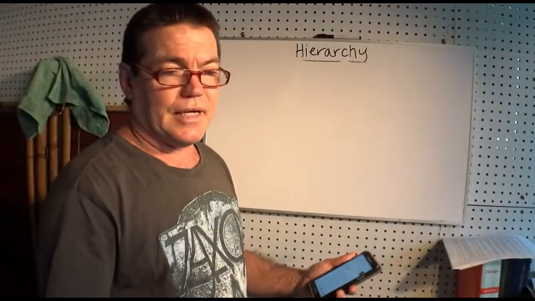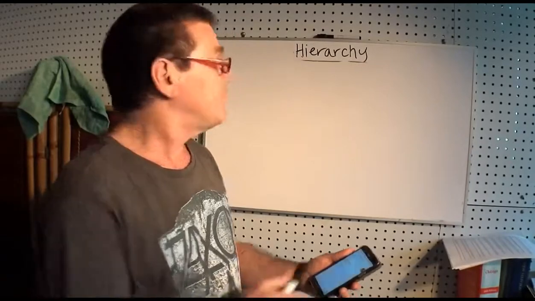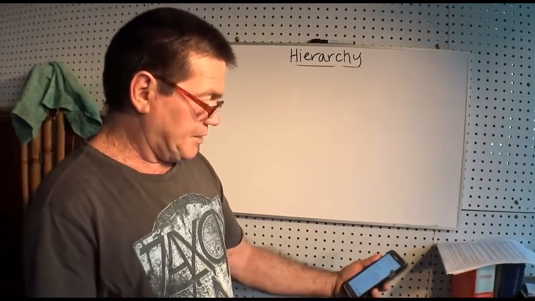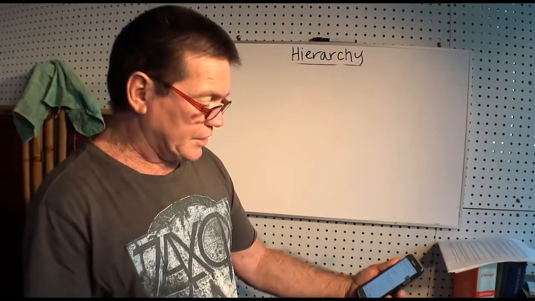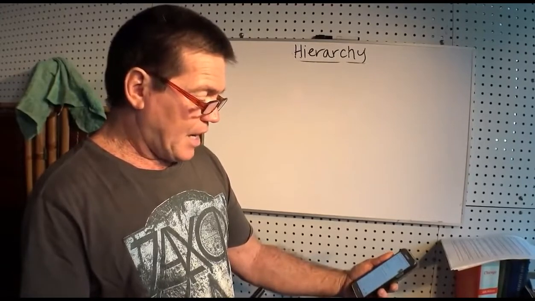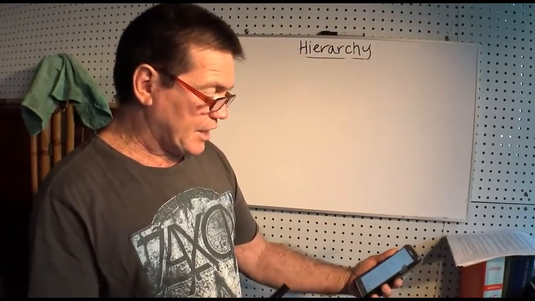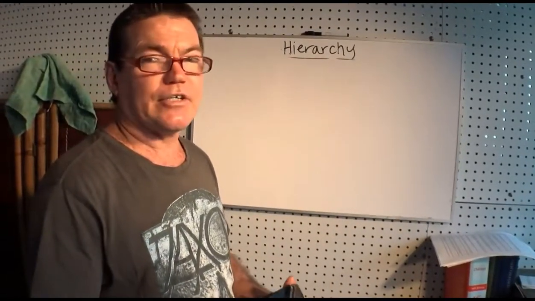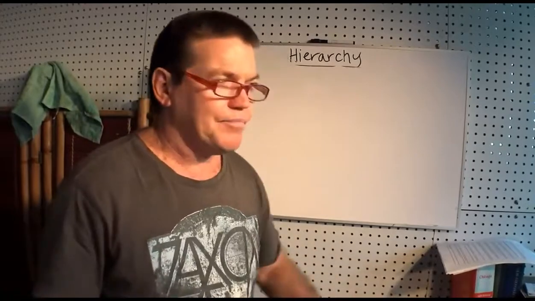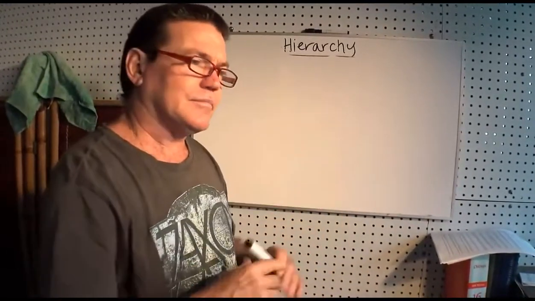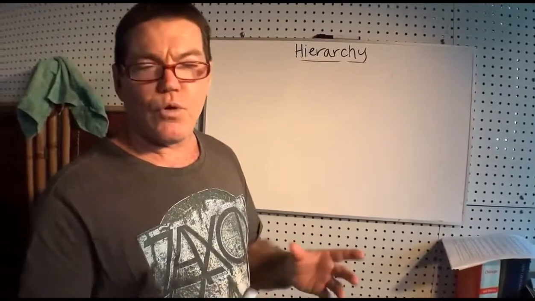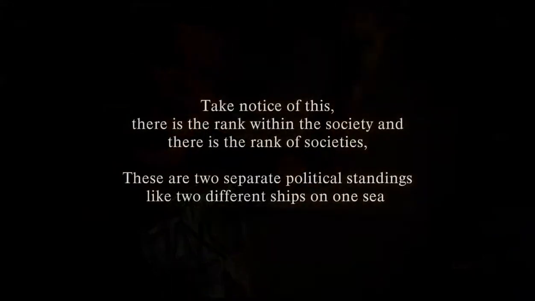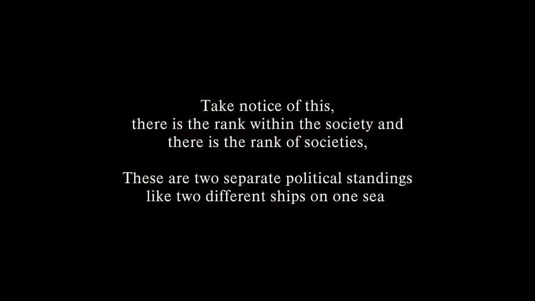But just before we do that, the English explanation of this word simply says: a system in which members of an organization or society are ranked according to relative status or authority. Now there's two things happening in there: relative status and authority. Each meridium or each trust has its own version of laws and statutes and authority, but the trust itself may be answerable to trusts above it.